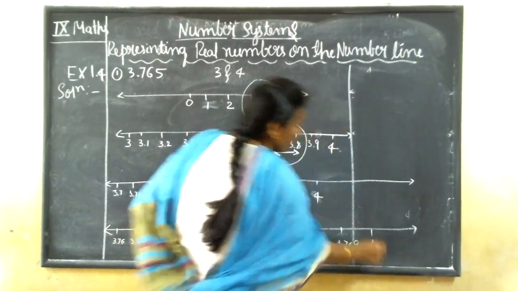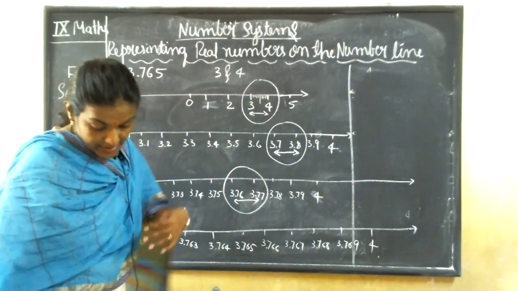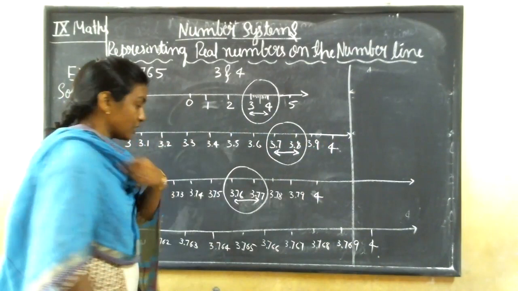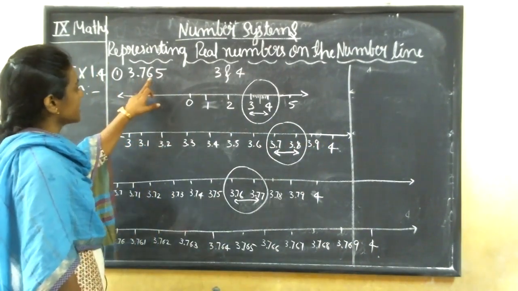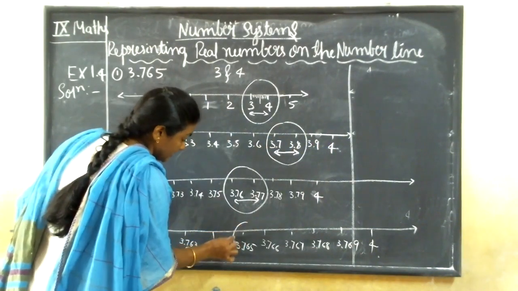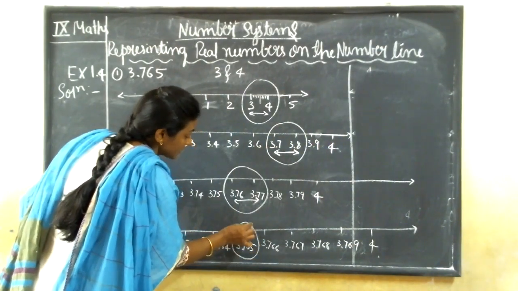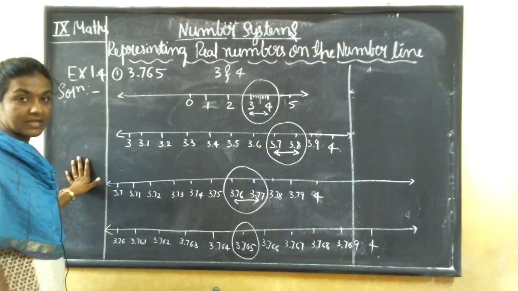Okay, here it is 4. What is there? Here there is 4. So where will you get the value here? 3.765. Our value is here. Isn't it?